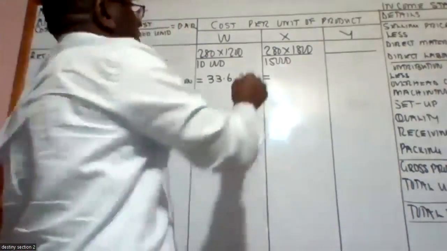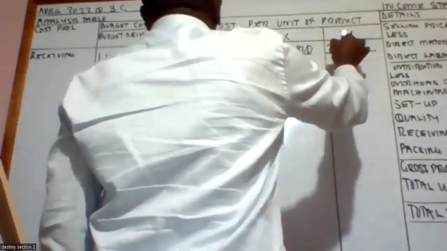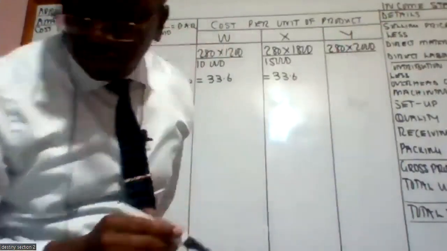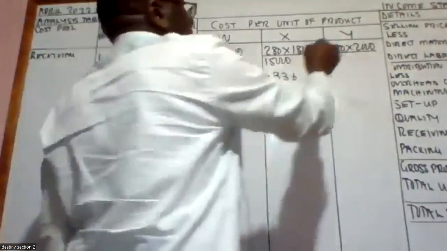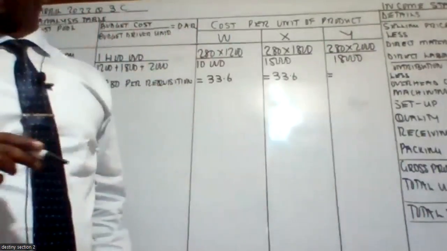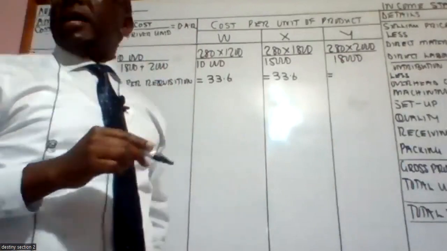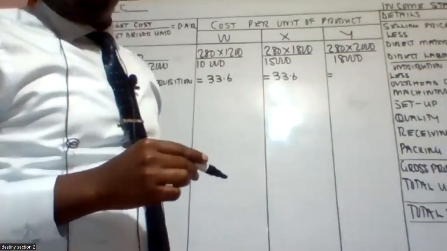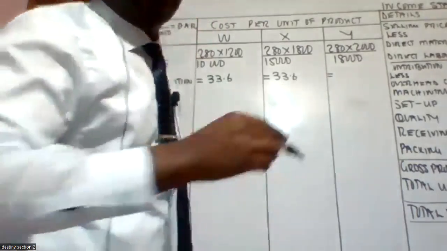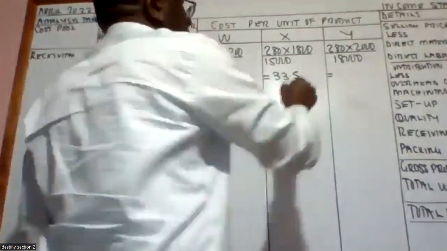That 3.6. Now this other one, 280 times 2,000. You divide by the number of units, which are 18,000. So divide and tell me what is the answer. Oh, this one was 0.5. So this is 0.5. And this is that 1.11.